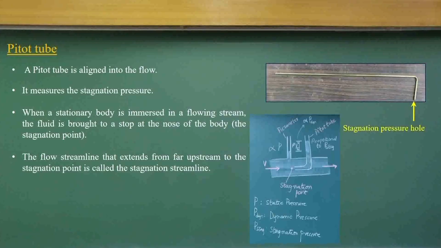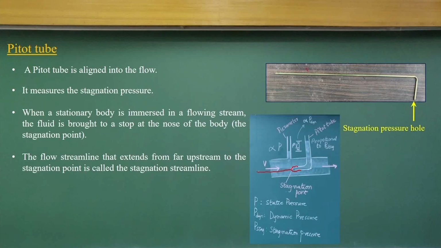The flow streamline that extends from upstream to the stagnation point is called the stagnation streamline. Basically these streamlines just hit the mouth, the pinpoint of this hole.